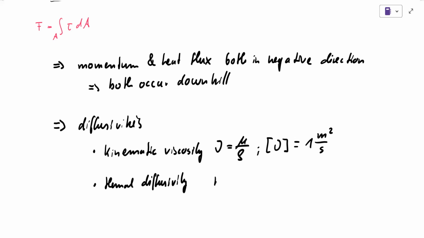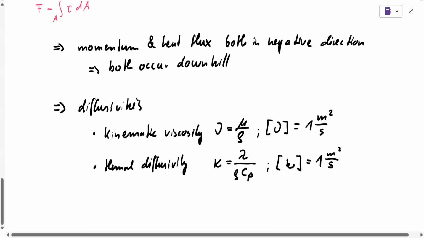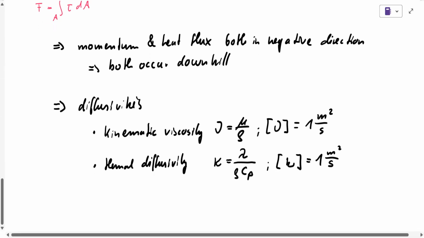And here we see that the kappa is the lambda divided by rho Cp, and the unit of kappa is again 1 square meter per second. And of course, the same corresponds to molecular species transport.